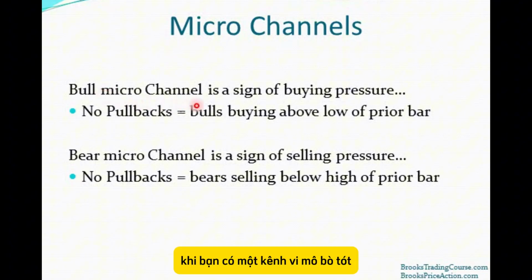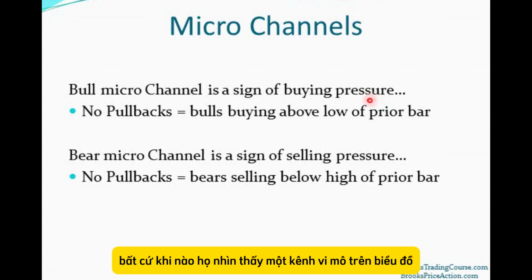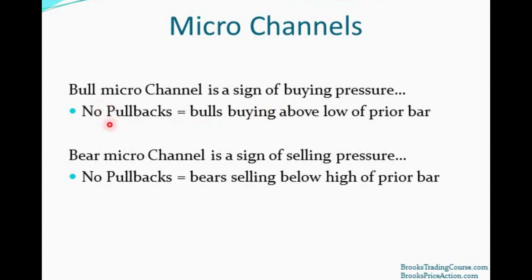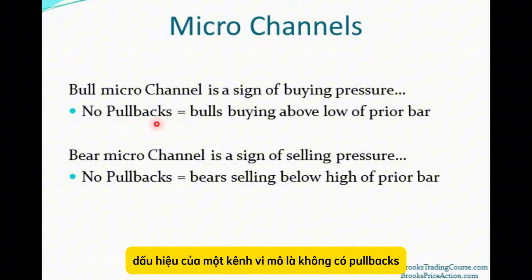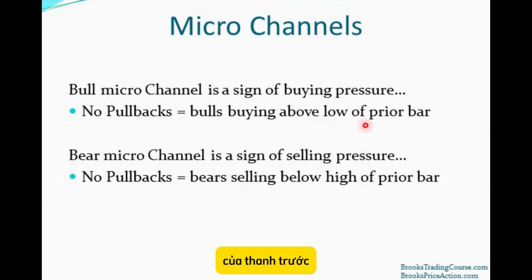When you have a bull microchannel, it's a sign of buying pressure. As I said, years ago people used to say that a buy program was going on whenever they would see a microchannel on the chart. The hallmark of a microchannel is no pullbacks. The bars keep going up, and the low of the current bar does not fall below the low of the prior bar.